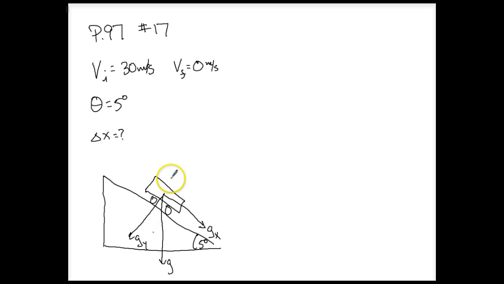And we know that the car is traveling up the hill. So again, the x component of gravity is the only thing that's going to cause it to move. And again, I want to know delta x. I'm going to go with what they sometimes call the third kinematic equation, which is v sub f squared minus v sub o squared equals 2a delta x.